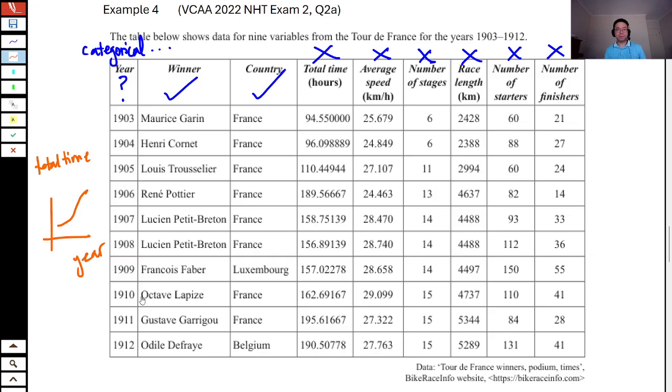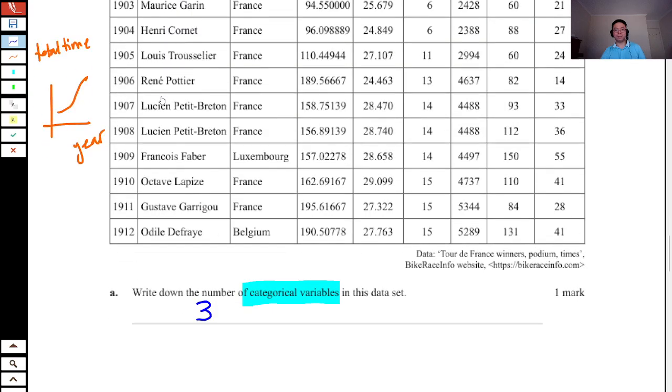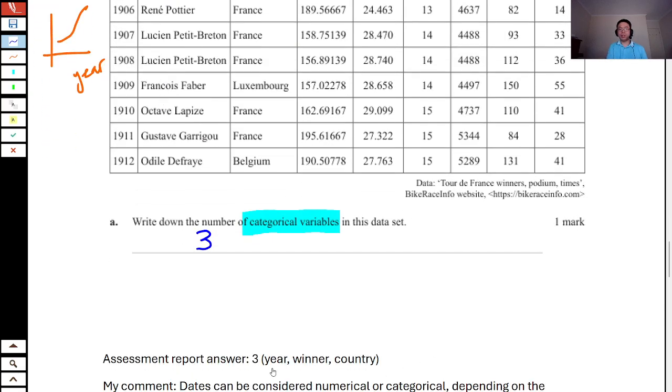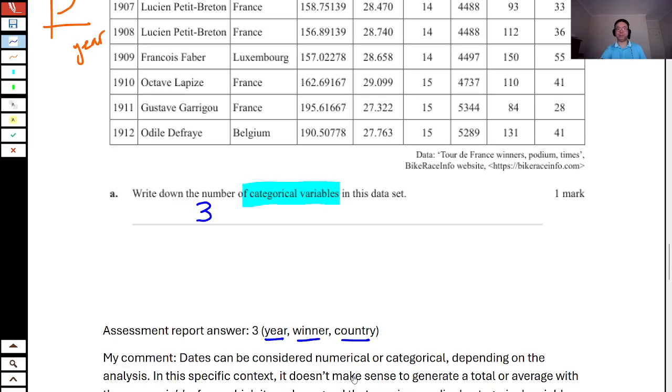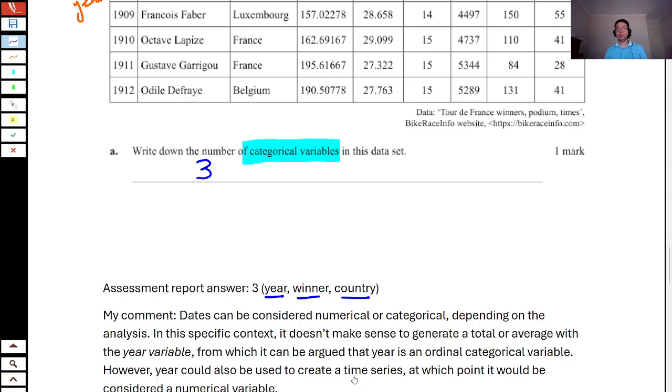I wasn't told that, so without any further prompting, it seems sensible to suggest that year is a categorical variable. And that's the answer that VCAA was expecting. They considered year, winner, and country the numerical variables in this question. So I make the same comment here. If you're dealing with a date, it could be numerical or categorical, depending on the context and the analysis.